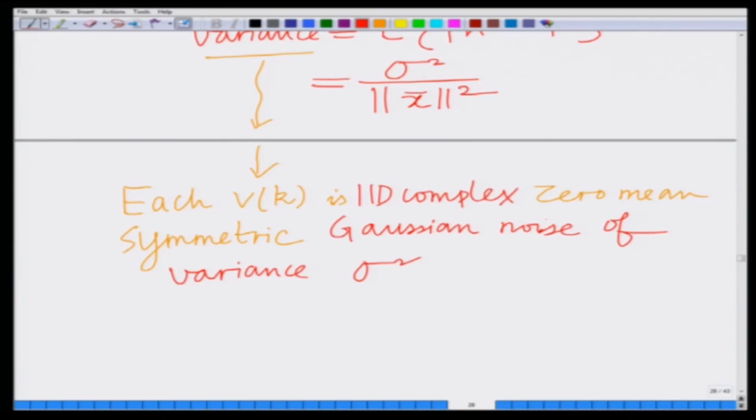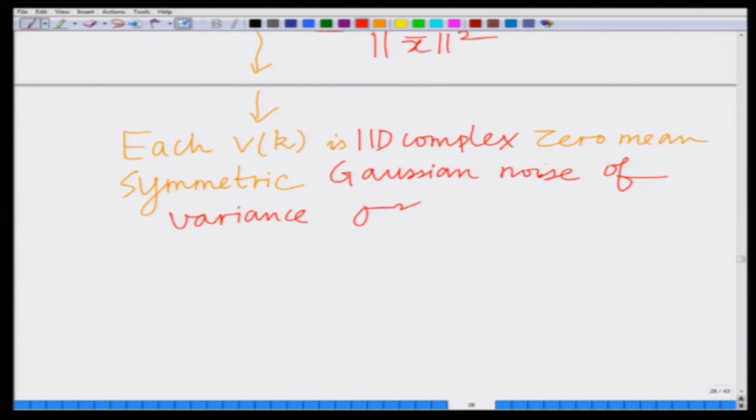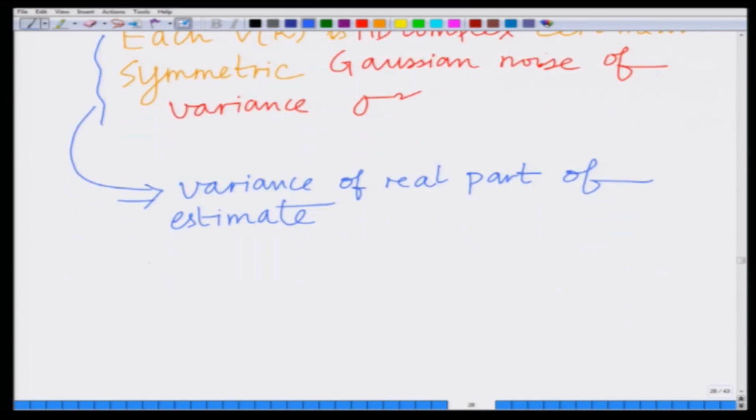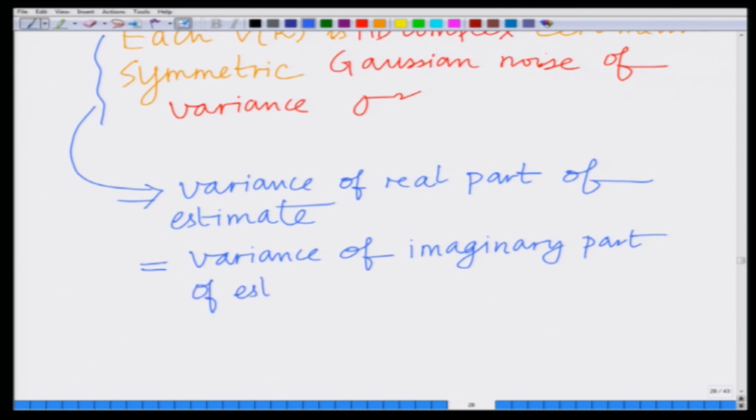Then it follows that the variance of the real part of the estimate is equal to the variance of the imaginary part of the estimate, which is equal to half sigma square divided by norm x bar square.